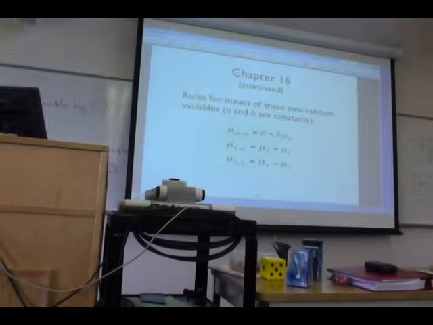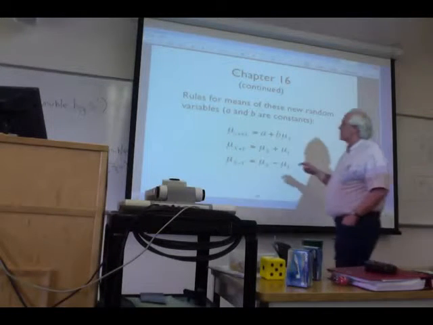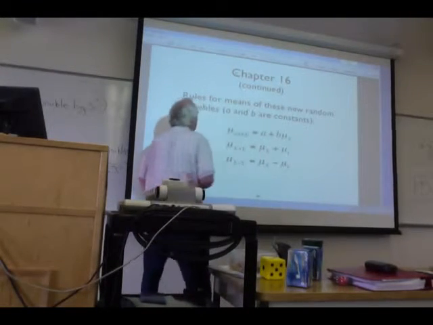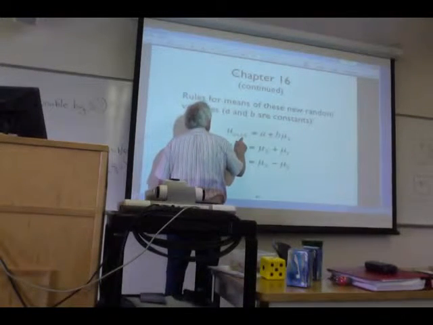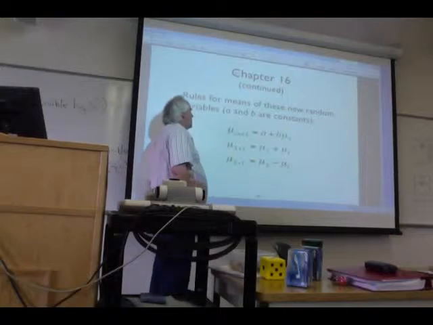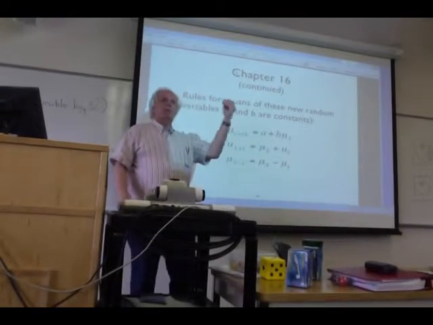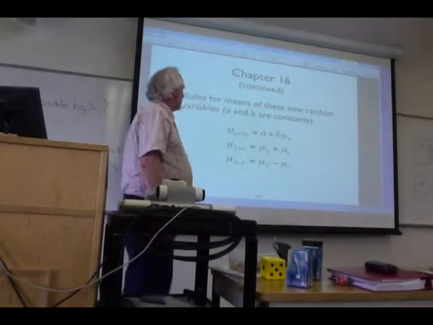Defined for a discrete random variable, as I gave you in the overheads, and defined by techniques of calculus when you have a continuous random variable. Now the subscript here, you see a little letter A, a little letter B, and a capital X. Now capital X refers to a random variable.